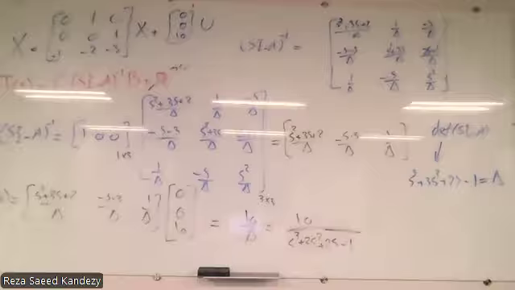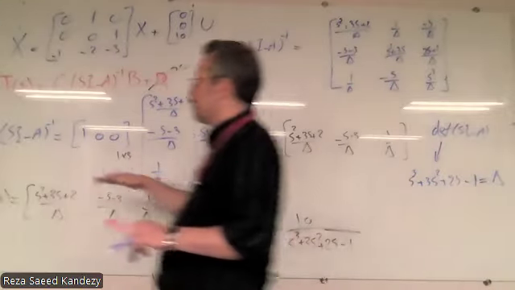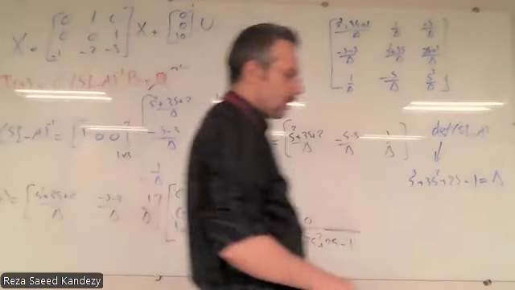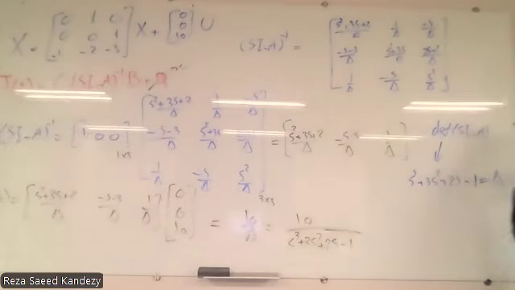Is that the only way to find the inverse of that matrix? The part that we talked about, (sI minus A) inverse, you mean, or the whole concept? No, the sI minus A. Yes, that's the only way that you can find it.